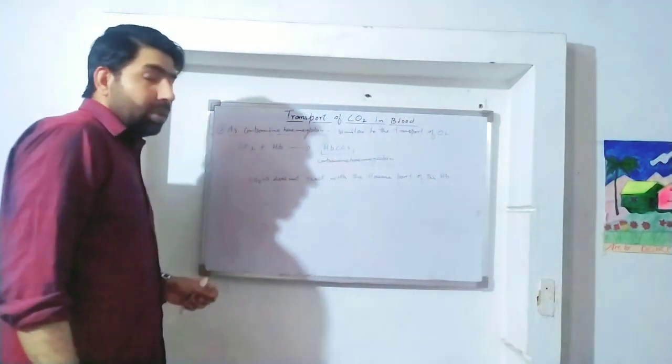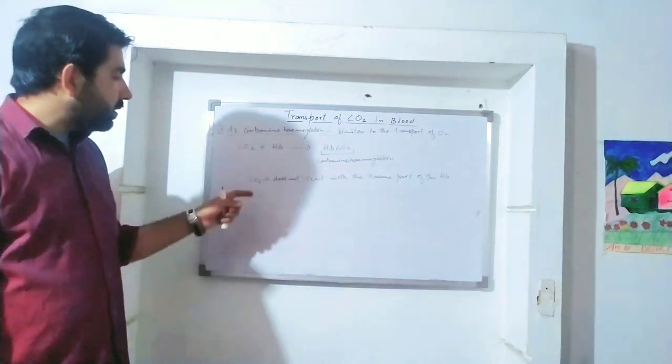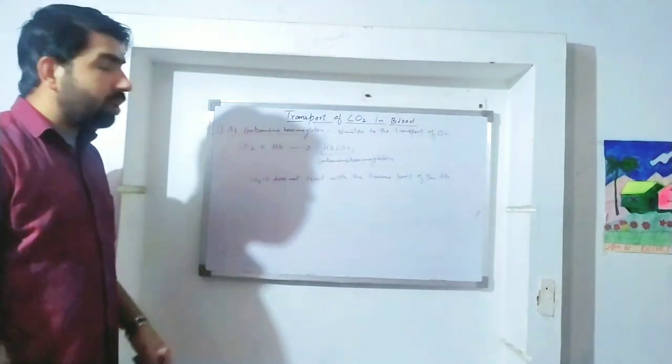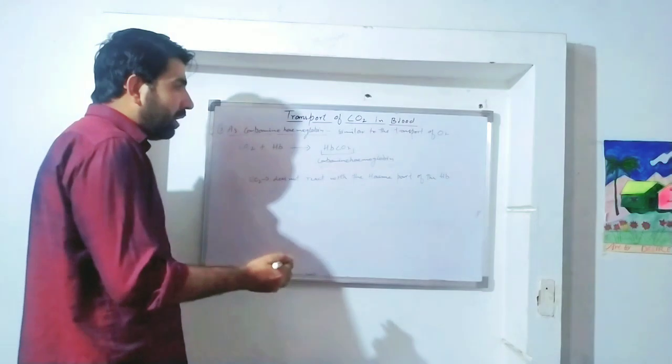hemoglobin. Now the difference between the transport of oxygen and carbon dioxide is that carbon dioxide does not react with the heme part, but the oxygen always adds on the heme part of the hemoglobin.